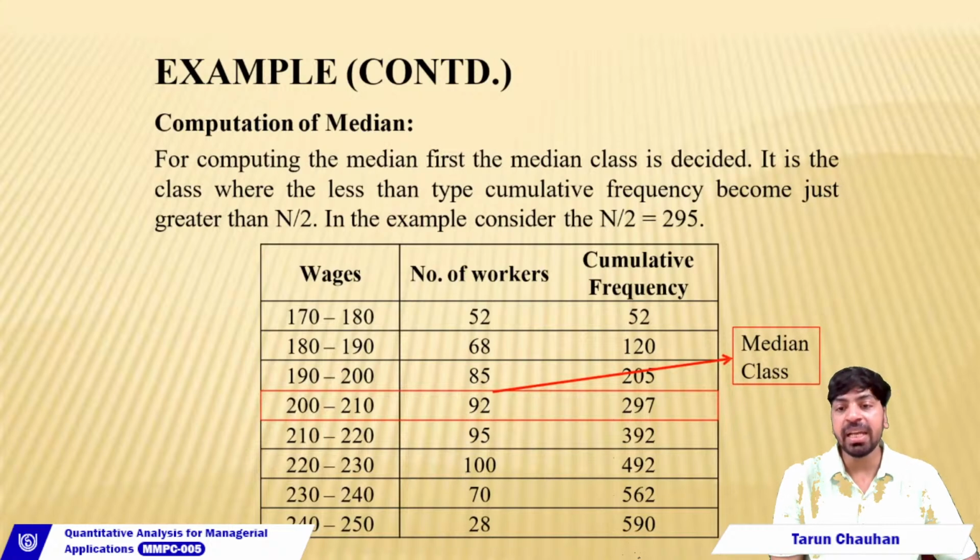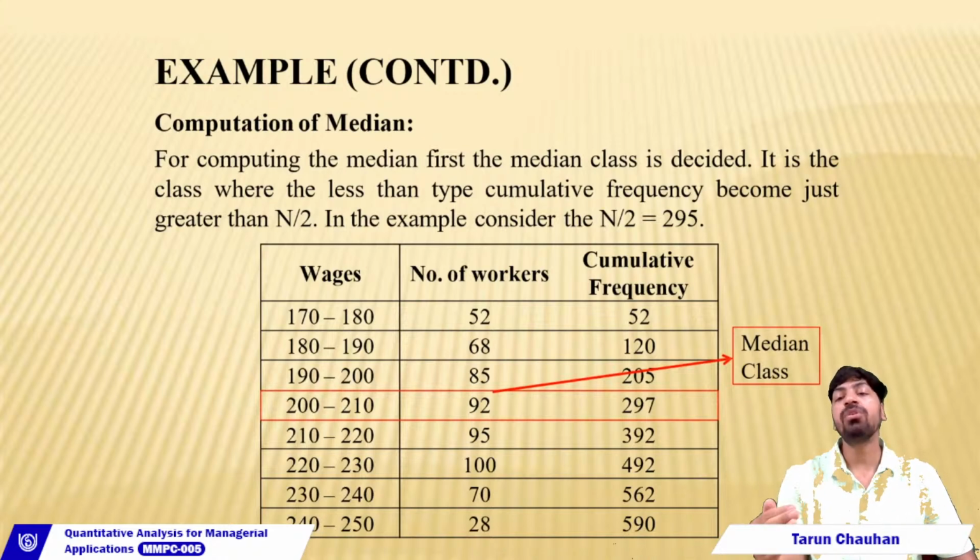So let's check, it's 205 and 297. These are the two values between which 295 lies, right? So your next step is to calculate the lower limit.